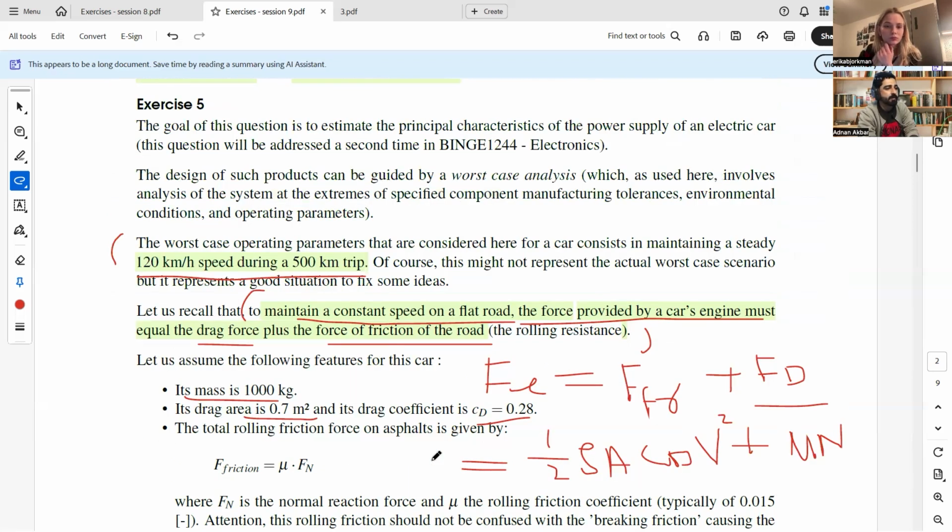Let me find where that value of V is. Yes, 120 kilometer per hour is V, but before that we need to convert it from kilometer per hour to meter per second. Then it will result in 33.33 meter per second.